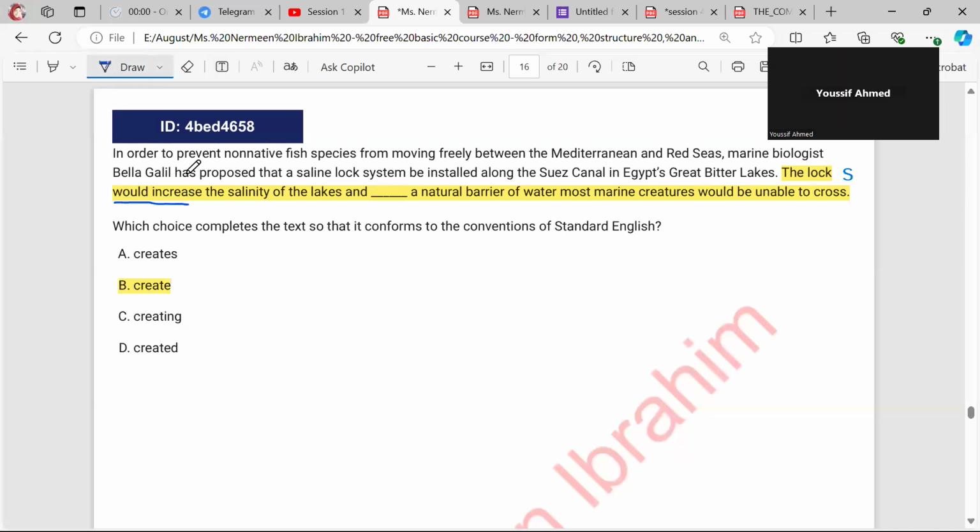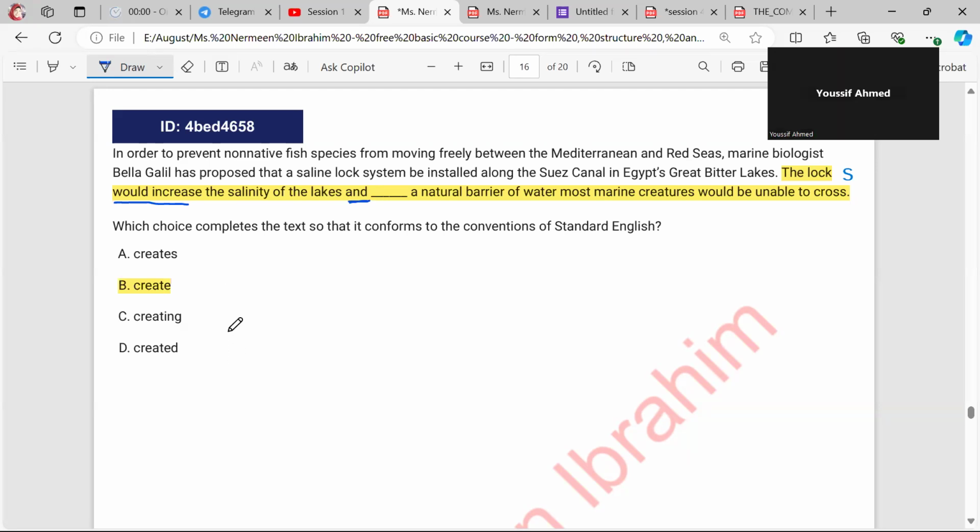Yes. Okay. The lock would increase the salinity of the lakes. Salinity has to do with how salty the lakes are. So would increase the salinity of the lakes, and I should pick one of these verb forms, right?